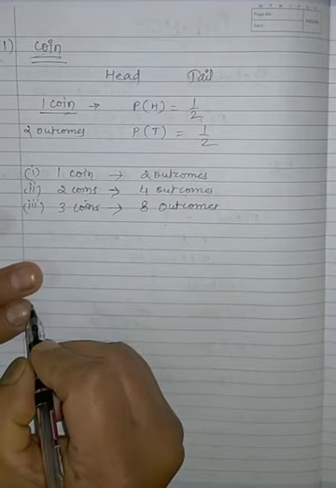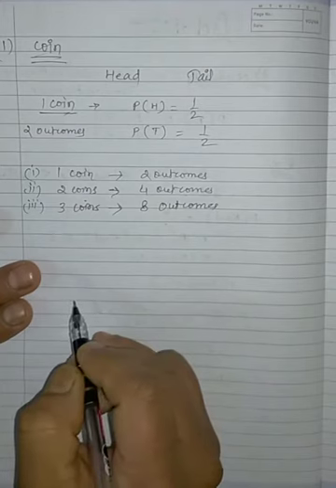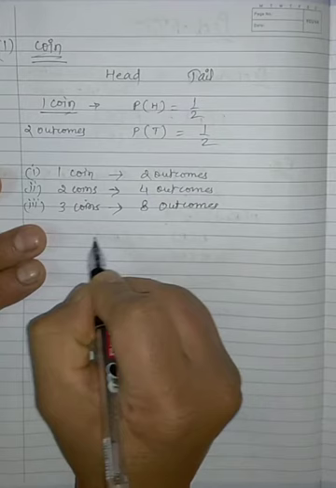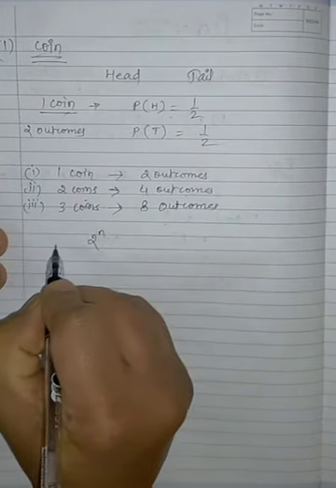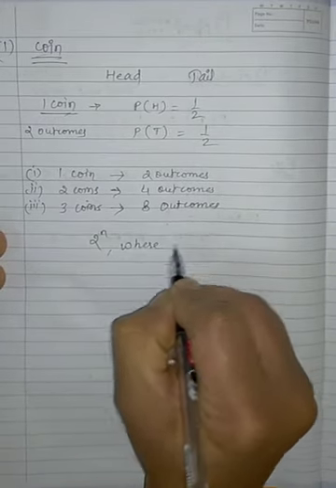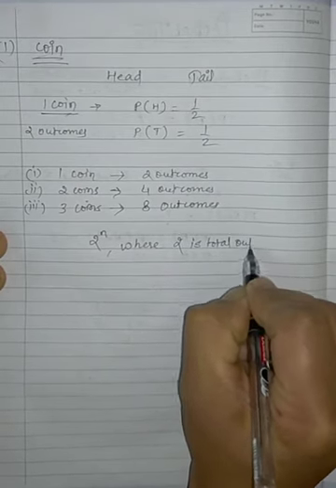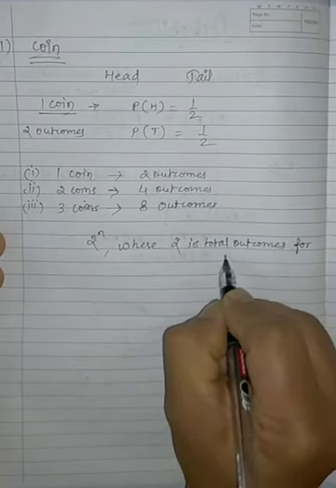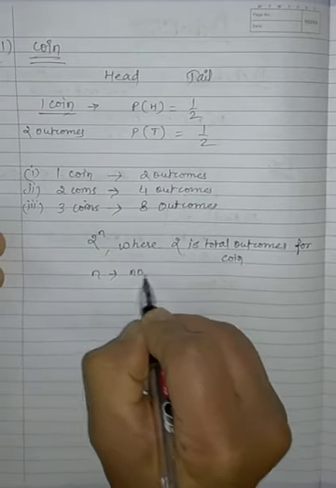You must be surprised. But here, we have used a formula to find out the total number of outcomes. Here, the formula for the coin is 2 raised to the power n, where 2 is total outcomes for a coin and n is the number of coins.